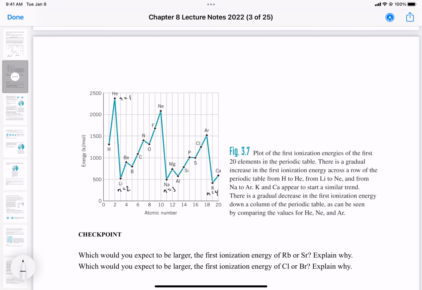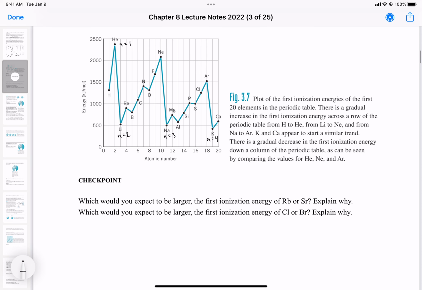So it's going to be held less tightly, because remember Coulomb's law: the force of attraction between two particles decreases very quickly with the square of the distance. So the further you are from the nucleus, the less of an effect you will feel from the attraction due to nuclear charge. So that's why we see those trends there.